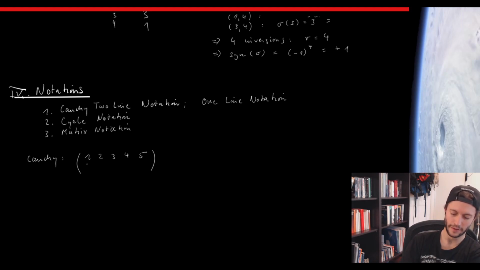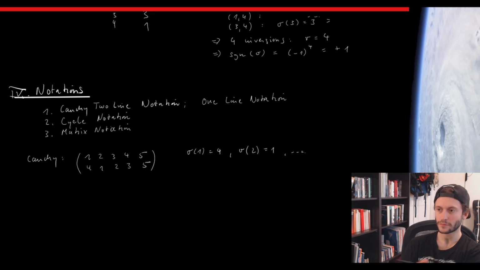So let's invent a permutation on the set of 1 through 5. Oh, that was wrong. Scusi. That's it. That essentially means sigma of 1 equals 4, sigma of 2 equals 1, and so on. Yeah, that's all about the Cauchy notation.